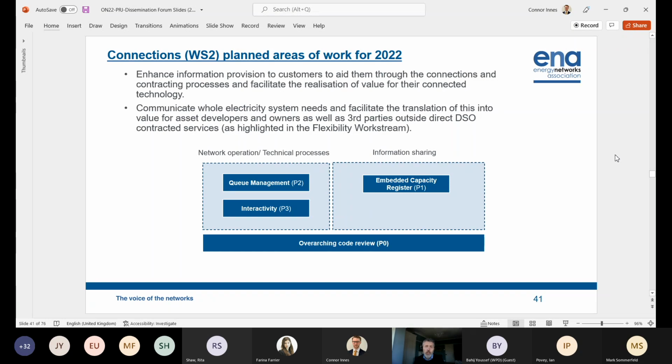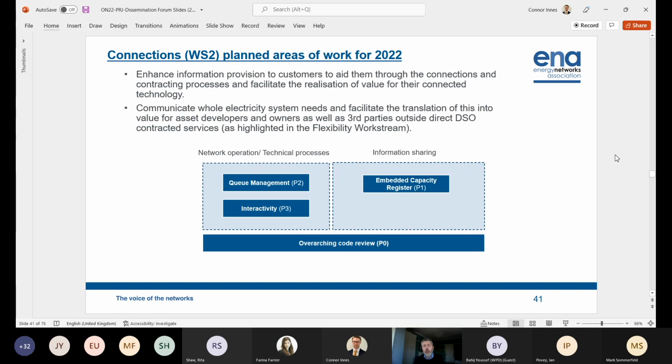The second item is about application and interactivity. That's an earlier stage in the connections process. This is about where a number of connectees are interested in connecting to an area of network where there's a current constraint, and understanding in terms of capacity how some of those quotations that are going out are interactive.